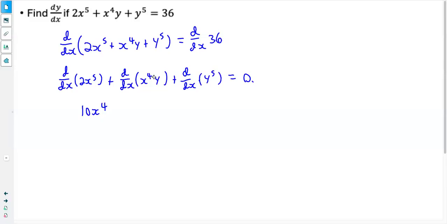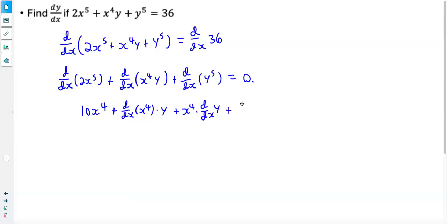Now here we have essentially two functions multiplying by each other, so we have to use our product rule. So we'll take the derivative of our first term, so plus d over dx of x to the power of 4, multiplied by y, plus our first term times the derivative of our second term, which is y.